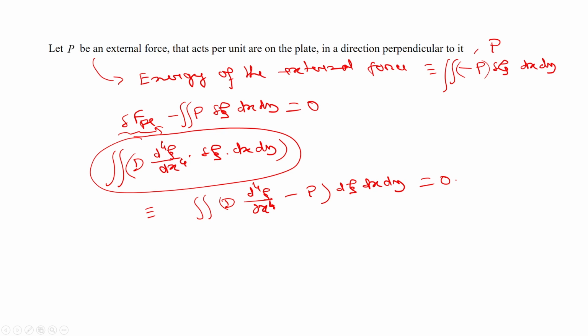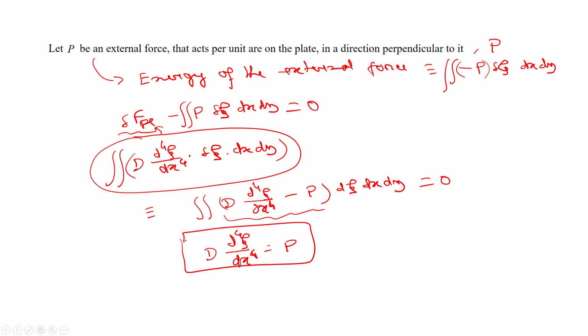So, this is the thing that at equilibrium, okay, the energy will be minimum and therefore, this right hand side, okay, that has to be equal to 0. So, if the right hand side is equal to 0 and this is the integration over the whole area, okay, therefore, this integrand at every point has to be equal to 0. So, what it means is that d4 zeta by dx4, okay, is equal to P.